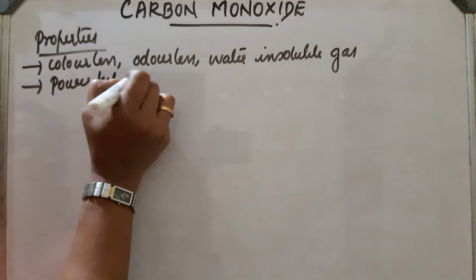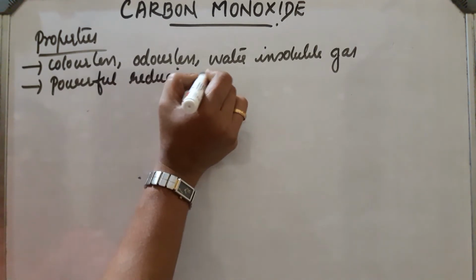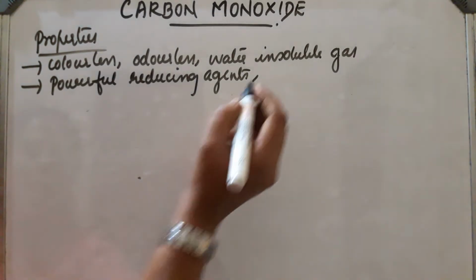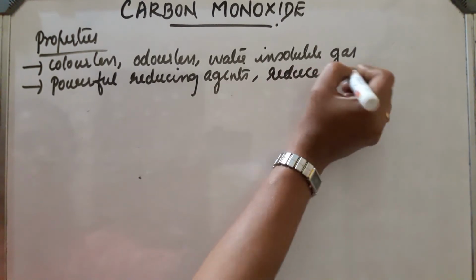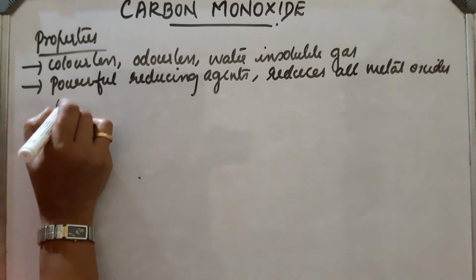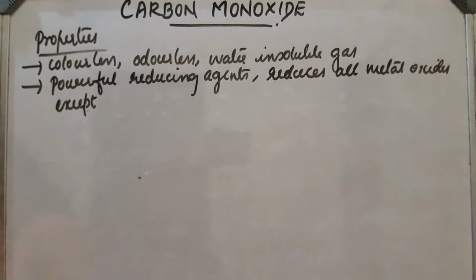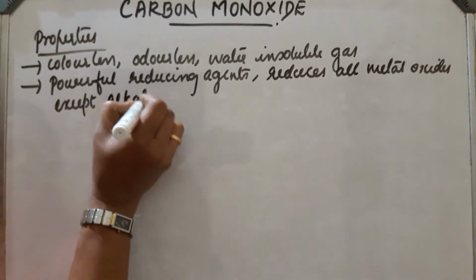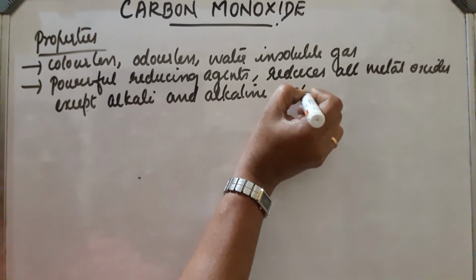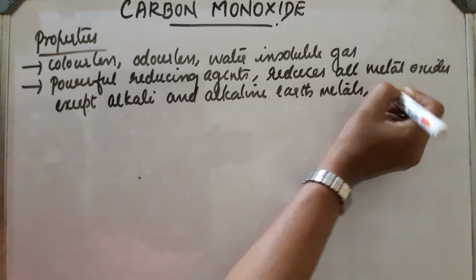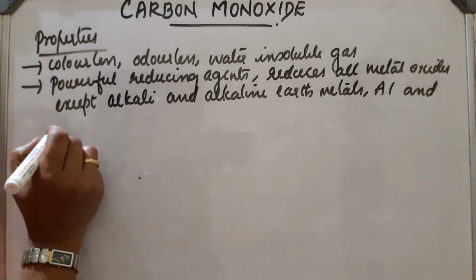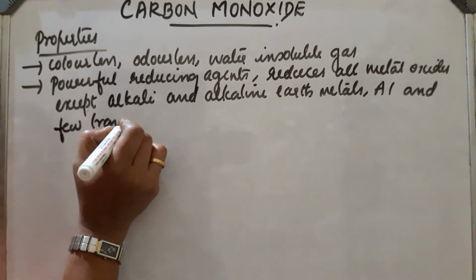They reduce all metal oxides except alkali and alkaline earth metals, then aluminium and a few transition metals.